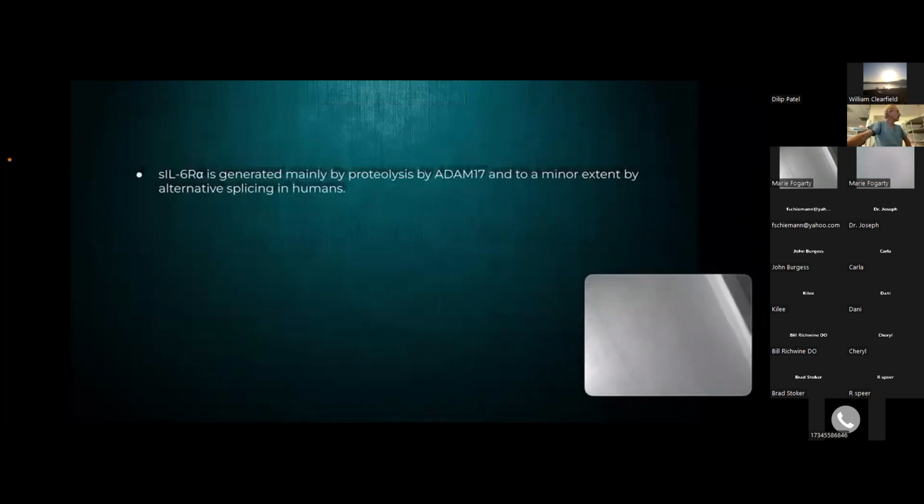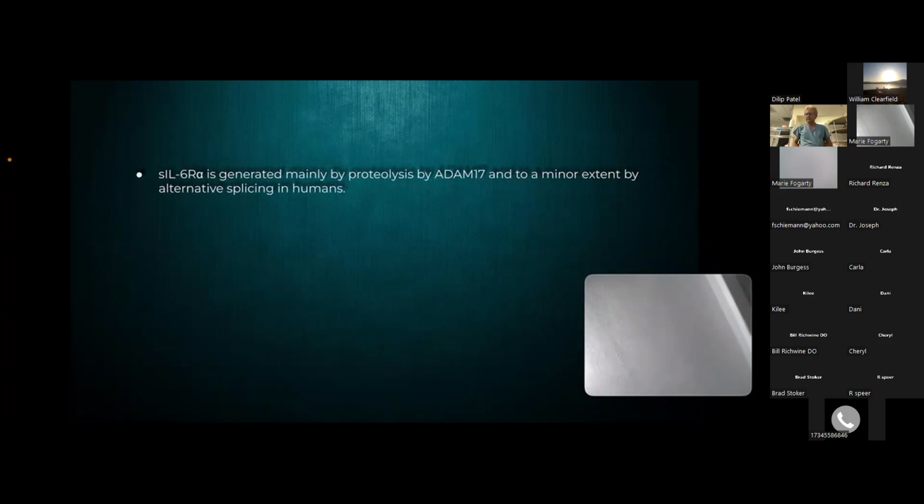Soluble interleukin 6 receptor alpha is generated mainly by proteolysis by ADAM17 and to a minor extent by alternative splicing in humans. So it's this ADAM, and I've got to stretch my brain here to see if I remember exactly what it means.